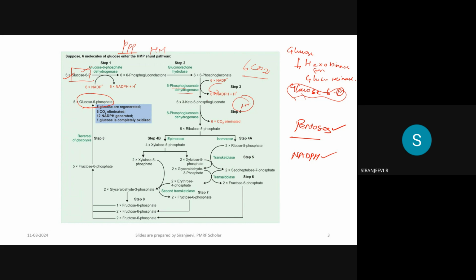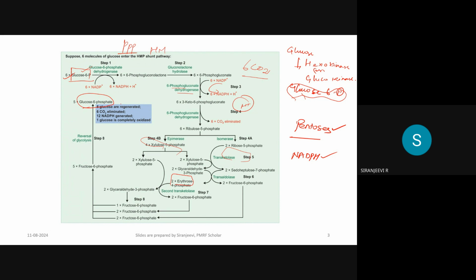And finally, you will have multiple reactions here. By their action, we will get products like erythrose 4-phosphate, xylulose 5-phosphate, and ribose 5-phosphate, so many phosphates. Finally, we will get fructose 6-phosphate, or intermediates like glyceraldehyde 3-phosphate will be converted into fructose 6-phosphate, and in the reversal of glycolysis, it will again form glucose 6-phosphate.